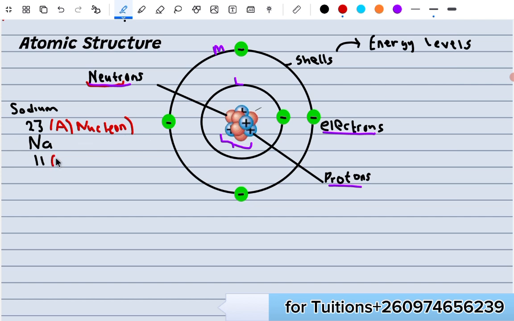Then this one is called Z, and it is called the atomic number, or proton number.